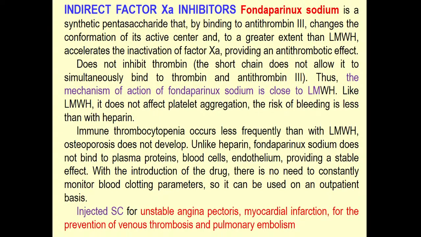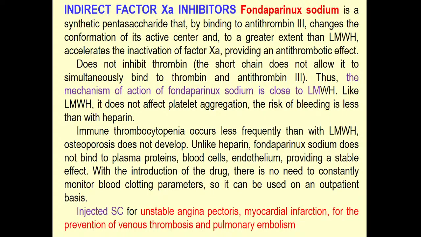It does not inhibit thrombin directly. The short chains do not allow it to simultaneously bind to thrombin and antithrombin 3.